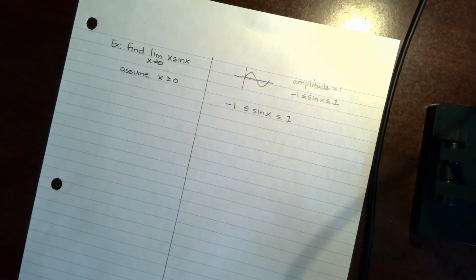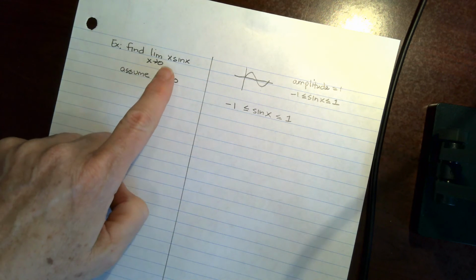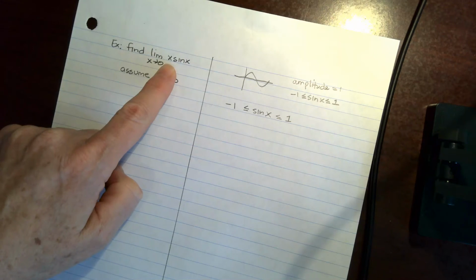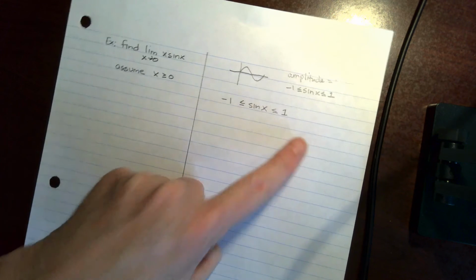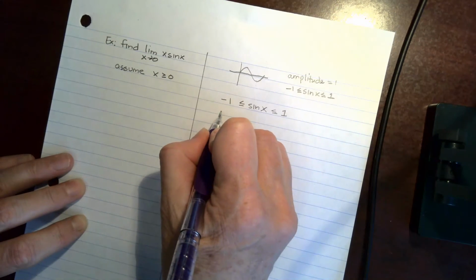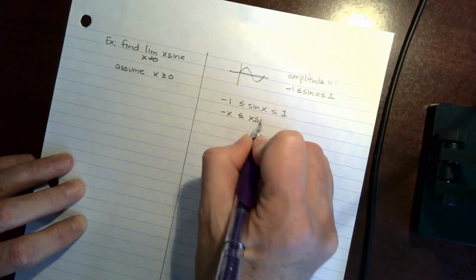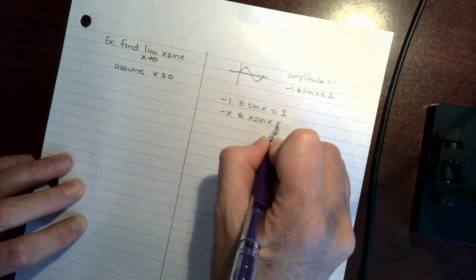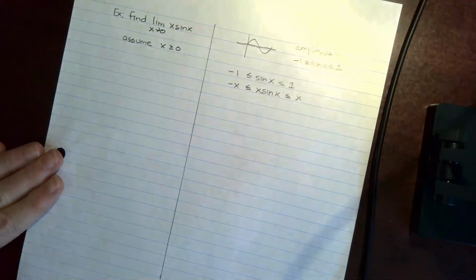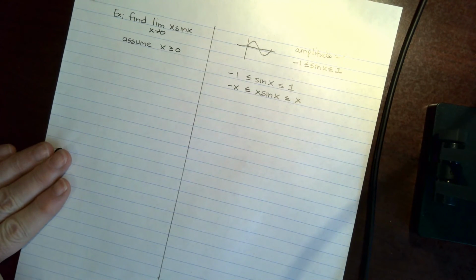But this wanted me to find the limit if I put an x in there. So let's just multiply every single thing by x. That's -x is less than or equal to x times the sine of x, less than or equal to, oops, 1 times x is x. Let's go ahead and add in our limit.